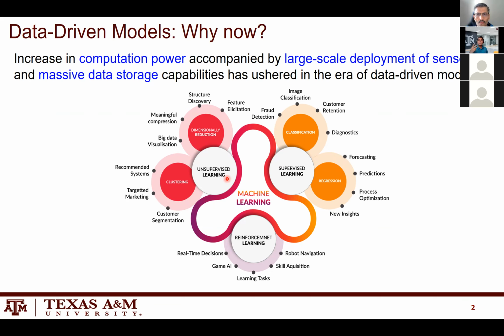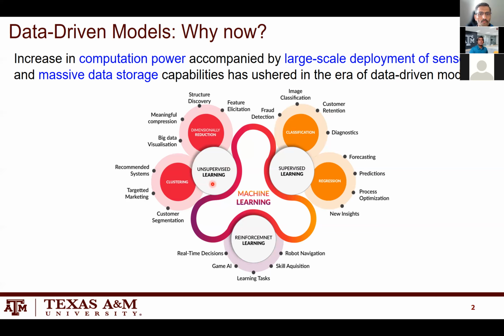We need a lot of physics-based understanding of what these methods are generating. In this particular talk, I have one case study about unsupervised learning, and I'll tell you how it has helped. For us as domain people, unsupervised learning will be really useful. The main objective of using unsupervised learning is to generate insight from large amounts of data.